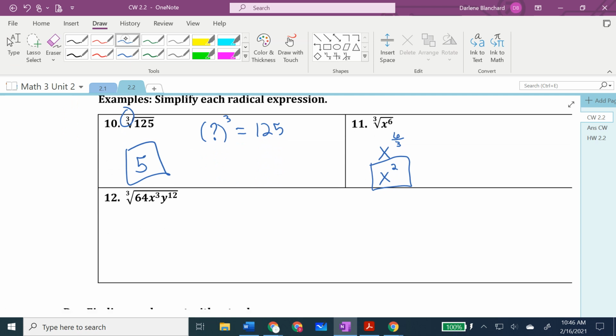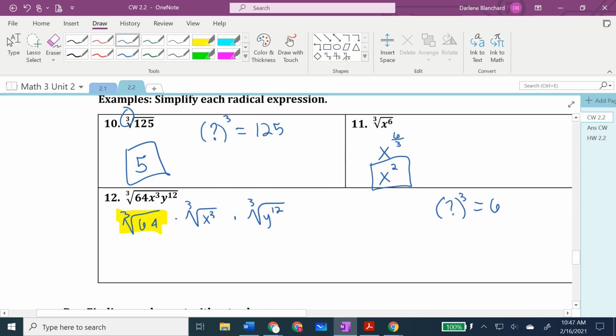Now, for number 12, you're dealing with the cube root of 64 times the cube root of x cubed times the cube root of y to the 12th power. What number multiplies 3 times and gives you 64? Four.